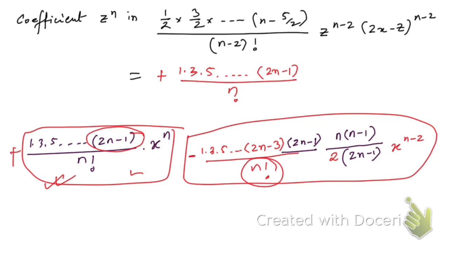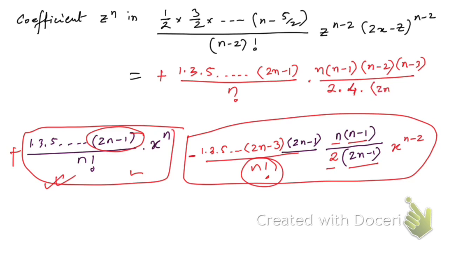Then here we had n into n minus 1 divided by 2 into twice n minus 1. Here we're going to have n into n minus 1 into n minus 2 into n minus 3 divided by 2 into 4, divided by twice n minus 1 into twice n minus 3.